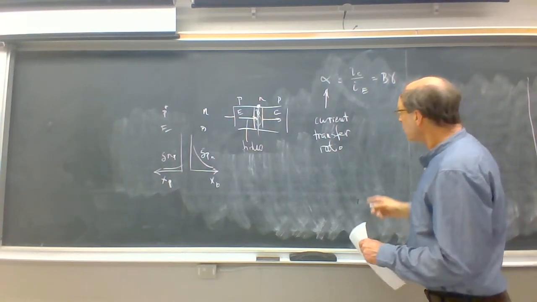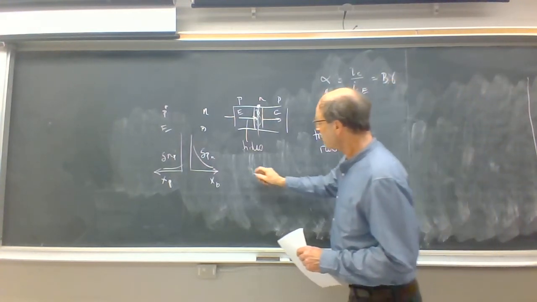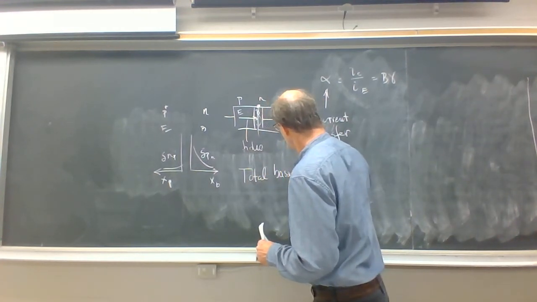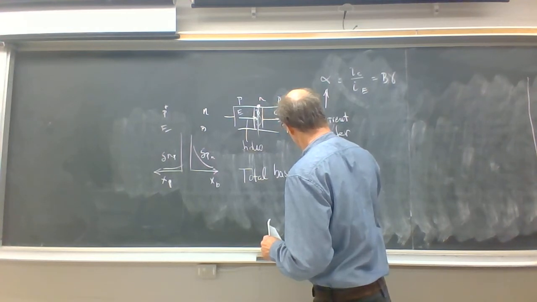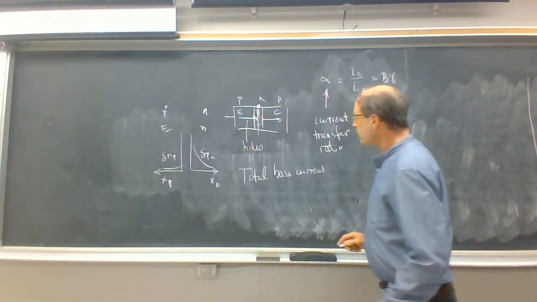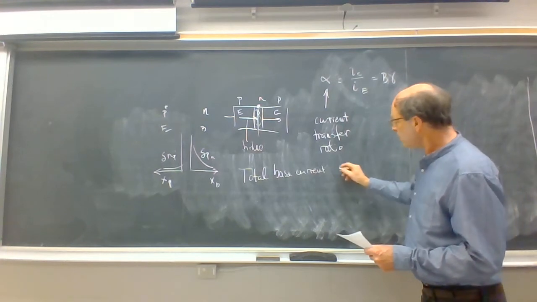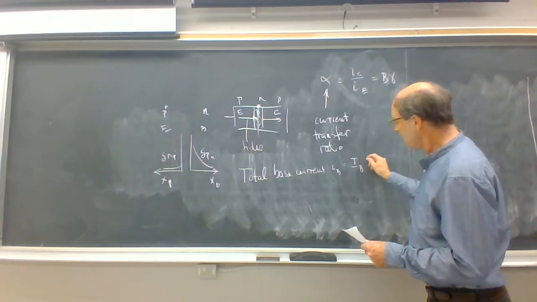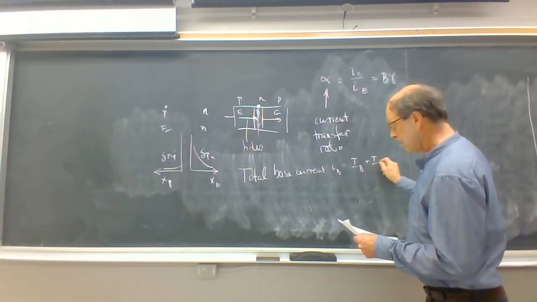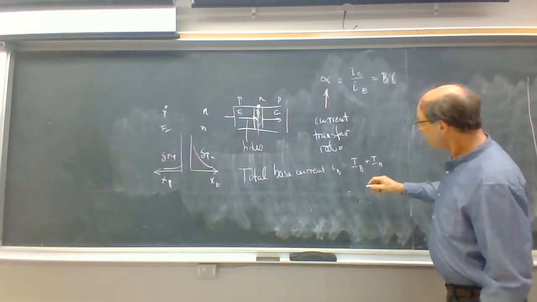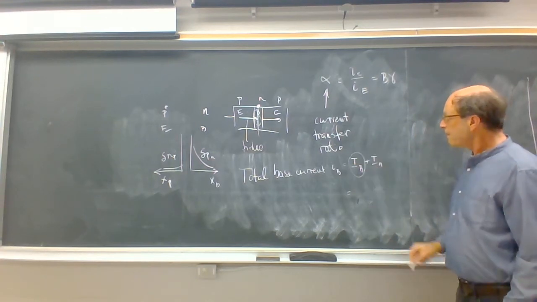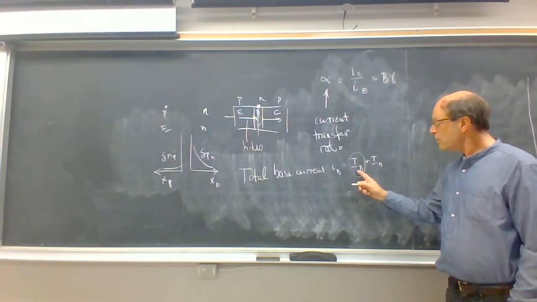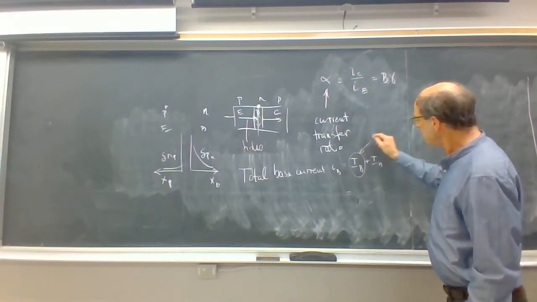So let's see what the total base current is now. The total base current, which we'll call I sub B, is equal to I sub R plus I sub N. This represents the base current which flows due to recombination.